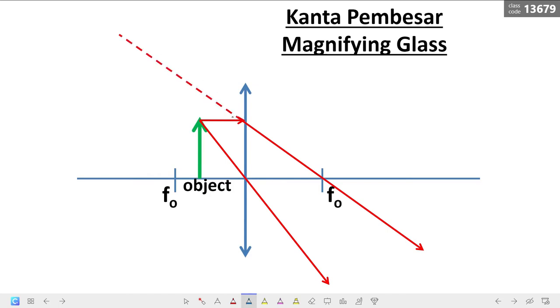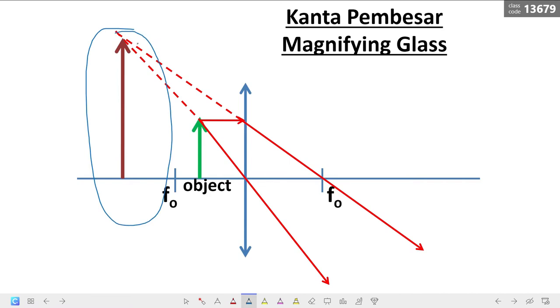When you extend this line, it intersects at one point. This is the image. The image is on the same side as the object, so it is virtual, upright and magnified. The size of the image is bigger than the object.